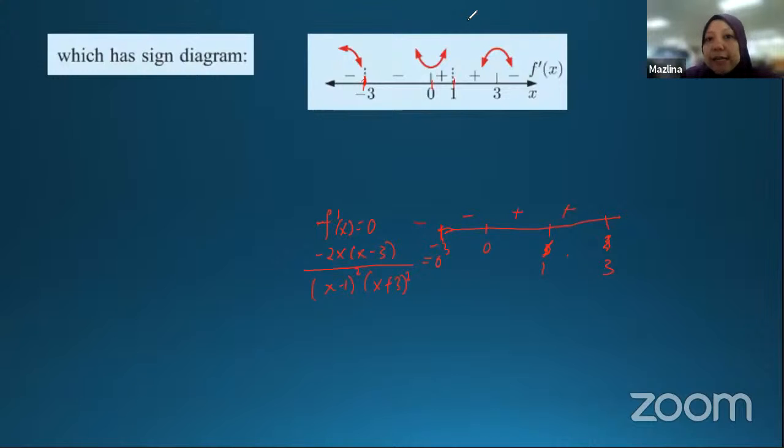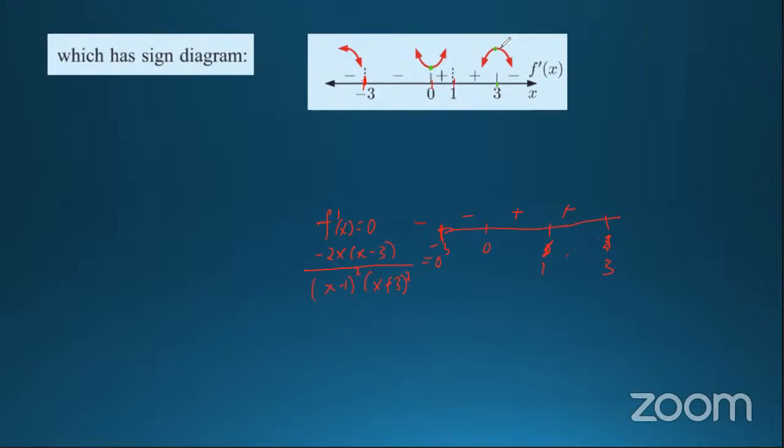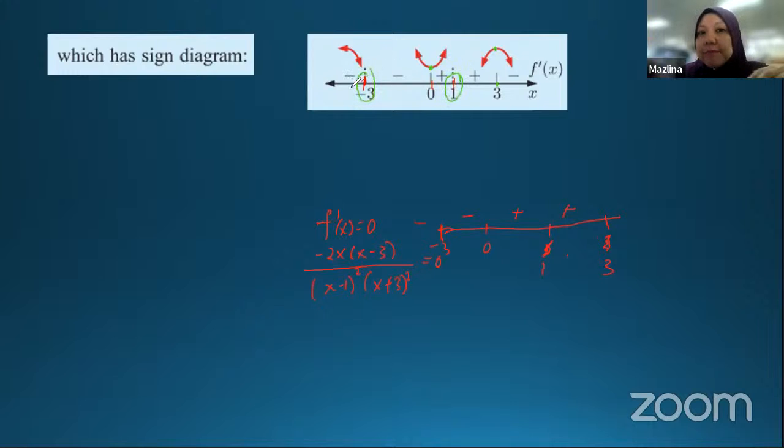So kat sini dia akan ada minimum point because we look at the gradient from negative change to positive. And also for 3 here. From positive, you change to negative. Here kita ada what point? What point is this? Maximum. Maximum point. But what happened to point 1 and 3 here? Sebab the gradient will be negative and negative.